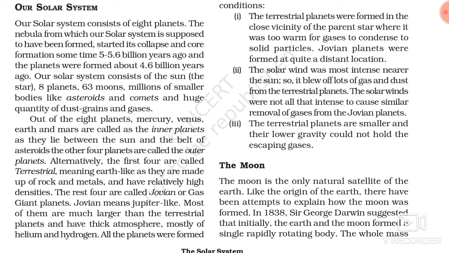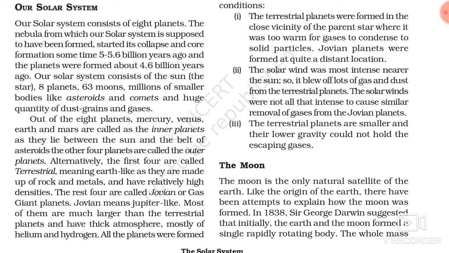But the case with the Jovian planets is not the same, because solar winds were not as intense as within the terrestrial planets, and they didn't remove the gases from the Jovian planets. The gases still remain there, enveloping the Jovian planets.